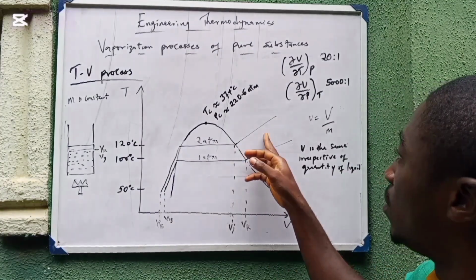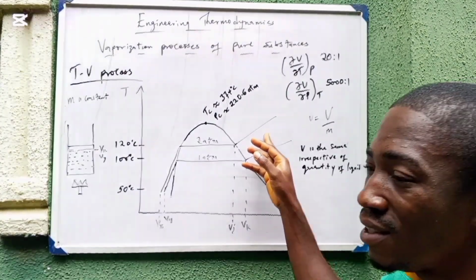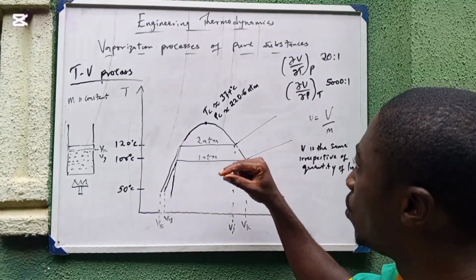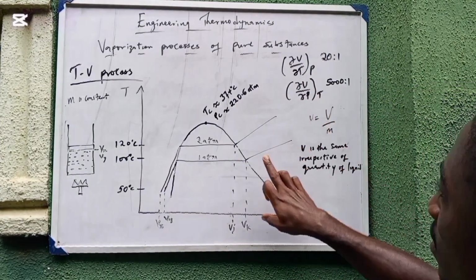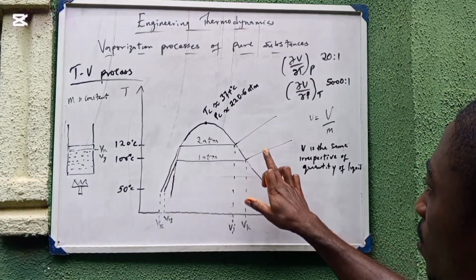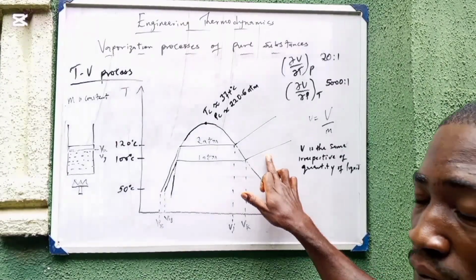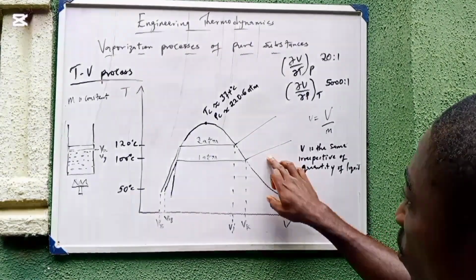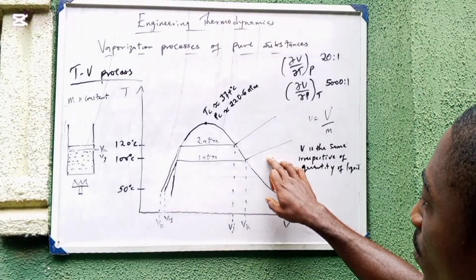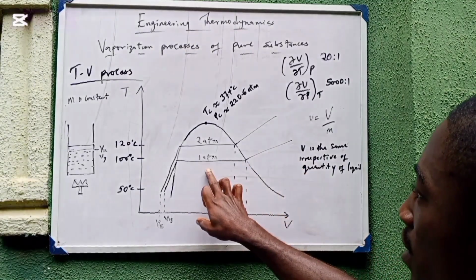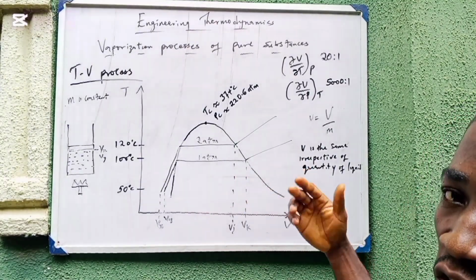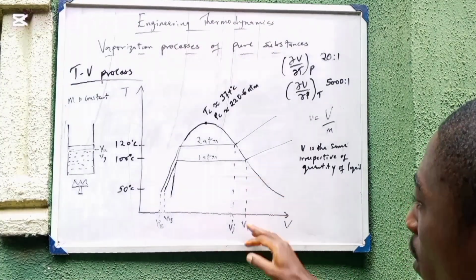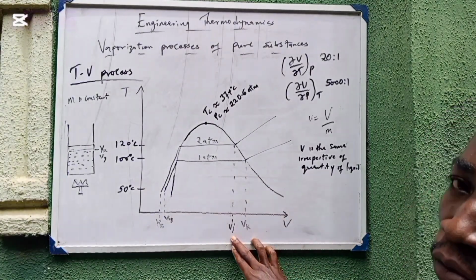Here, volume changes reasonably with increase in temperature. Another thing you also notice is that the slope of this line is not the same as the slope of this line. The slope of this line is greater compared to the slope of this line. That's because in the case of 1 atm, we'll have greater change in volume with increase in temperature. So that's why we have Vk greater than Vg.